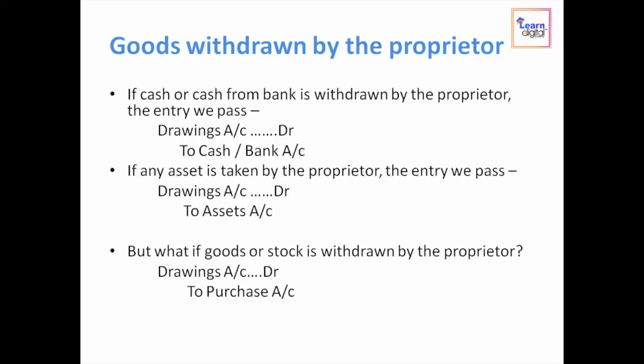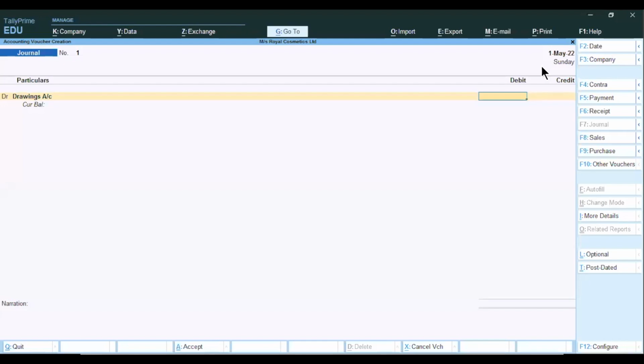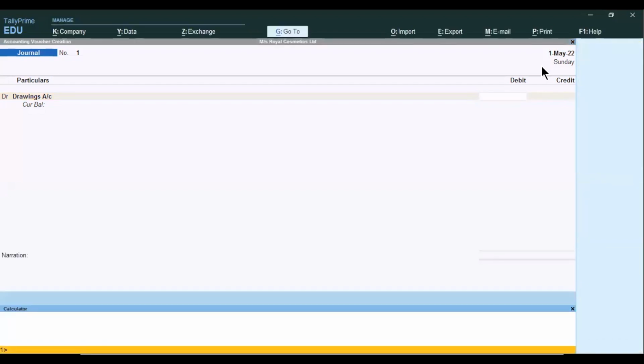We have the hair oil bottle at the rate of 180 per bottle. So let's calculate the amount of drawings. How to calculate? Open the calculator by pressing Alt N. The rate per bottle is 180 multiplied by 20 bottles.